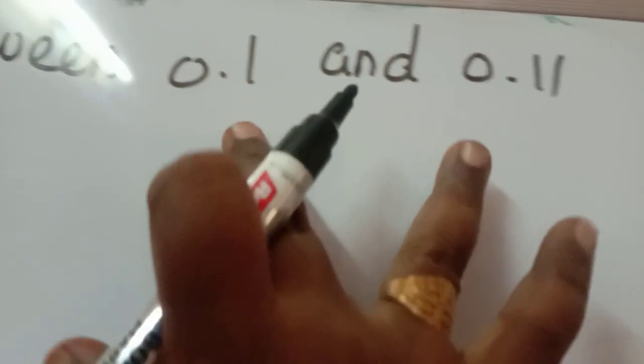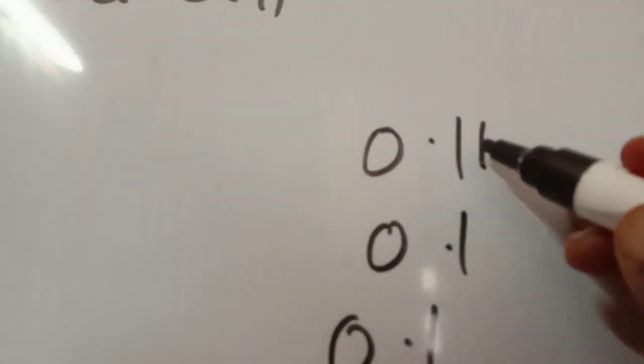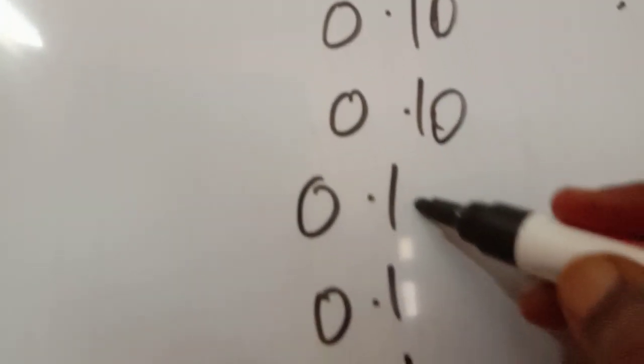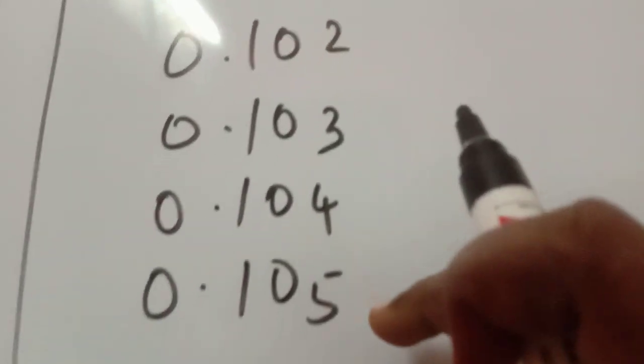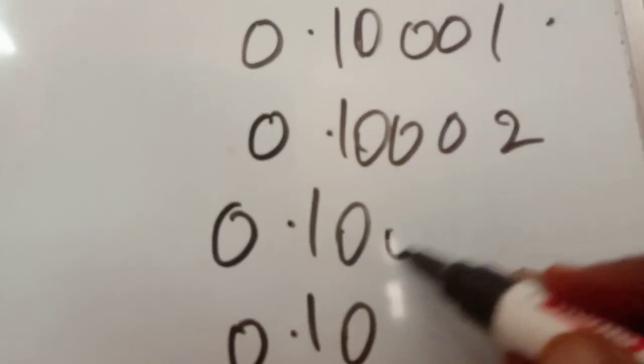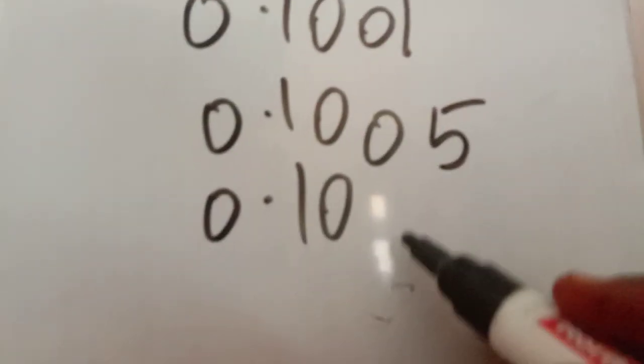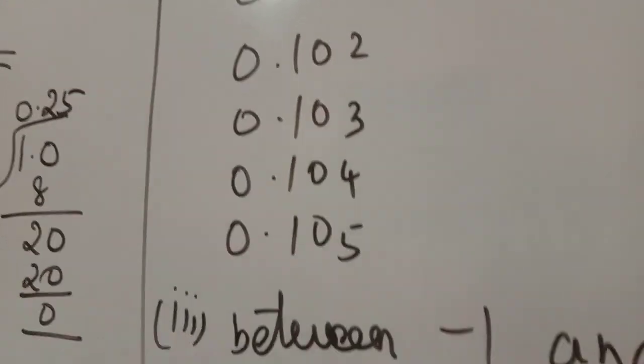We have to find numbers between 0.1 and 0.11, so we cannot write this. So add 0. Here how many numbers you can write. I have written 1, 2, 3, 4, 5. If you want, you can write 0.001, 0.002, whatever it is. Whatever it is, you can write. Okay, so any numbers we can write.